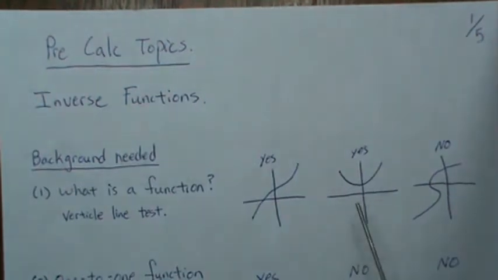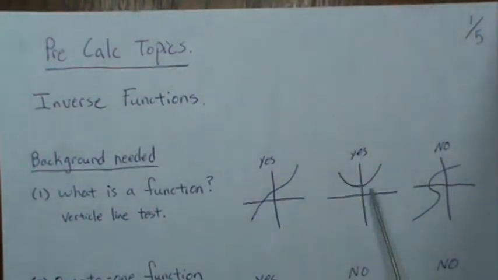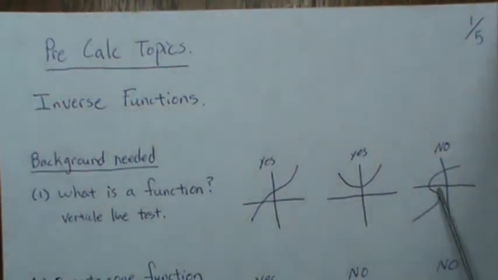It doesn't have to be unique, because you can find an x here to get one y and an x here to get one y, and it's the same as this x, but you're only getting one y, as opposed to if I pick an x here, I get several potential y values.